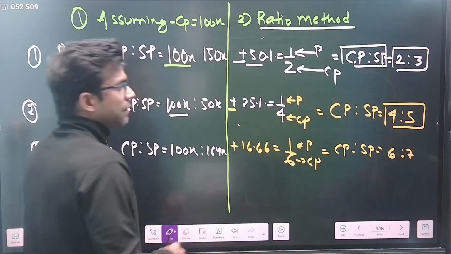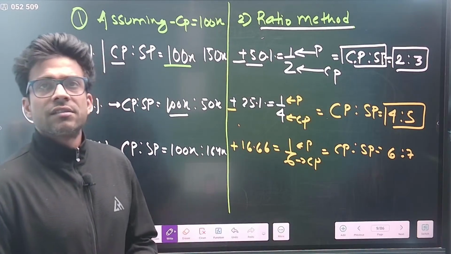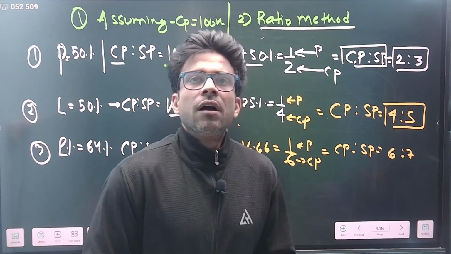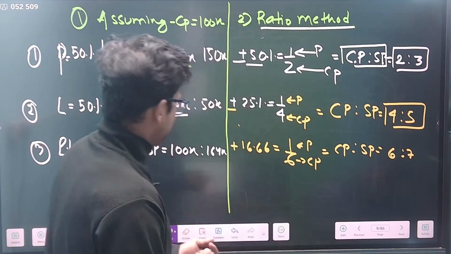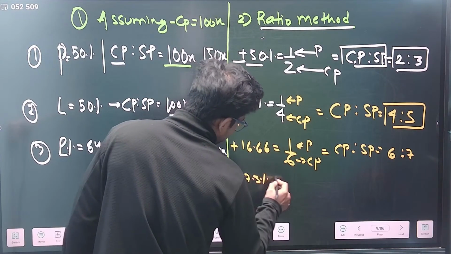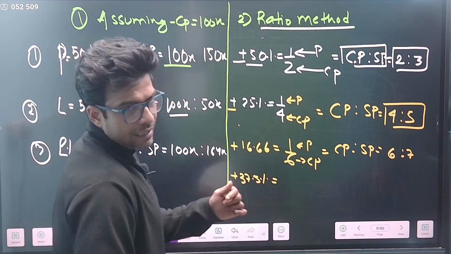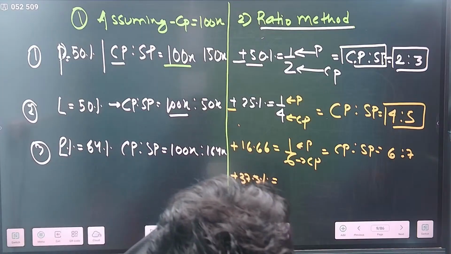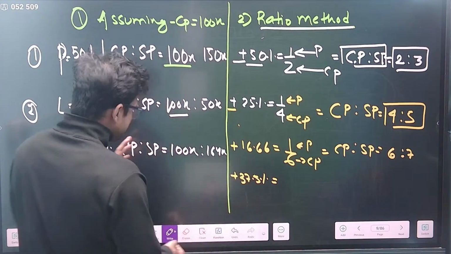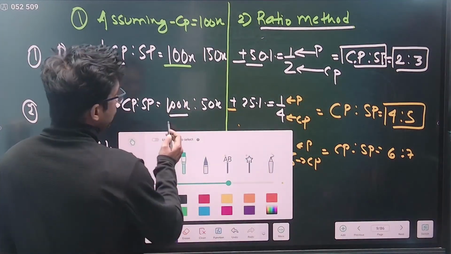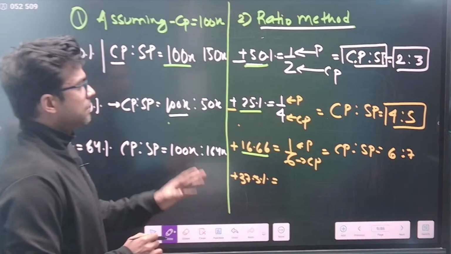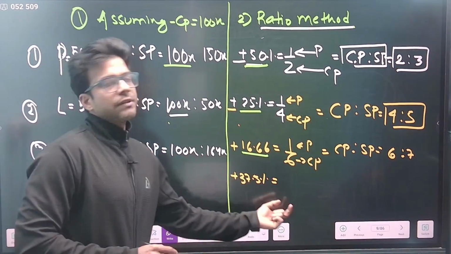Now suppose let's take any number, a profit of 37.5%. Now see, the problem in this method is that you need to remember the fractional part of every percentage.